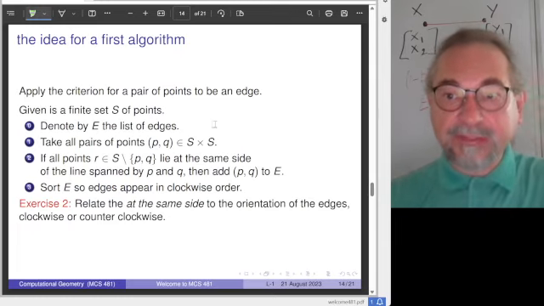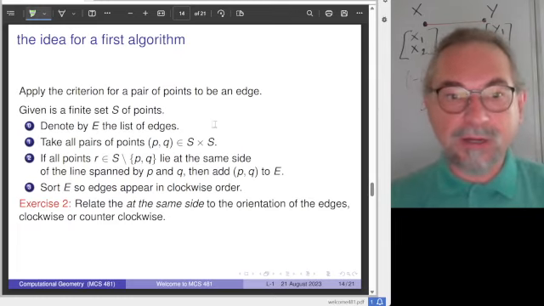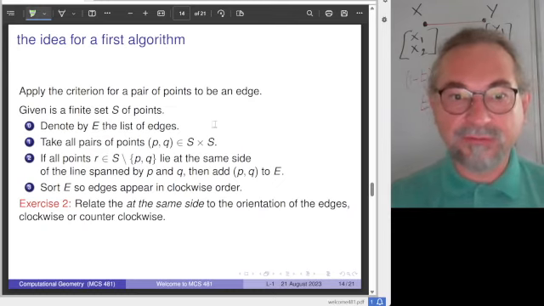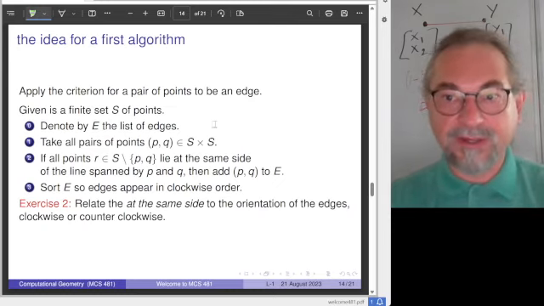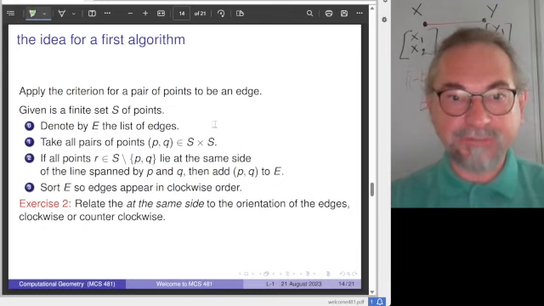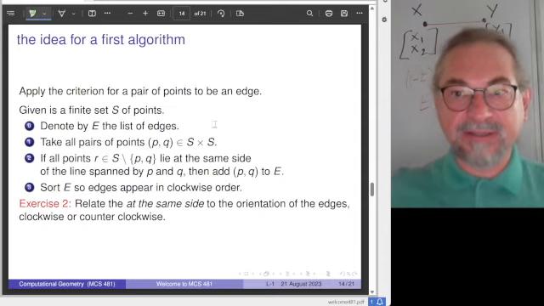All right, this gives us actually the first algorithm. So we know that if we are computing a convex hull, we actually are computing also the edges. And the property of the edges is that all the points lie at the same side if we extend the line segment to a half plane.